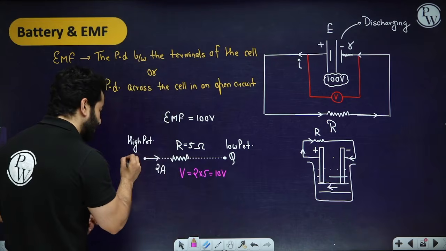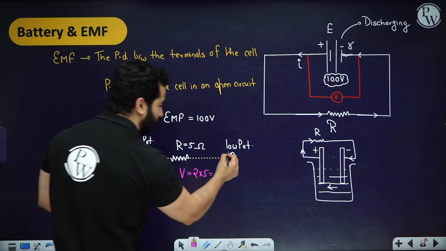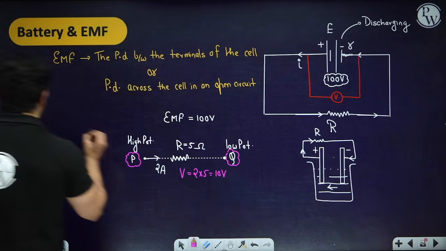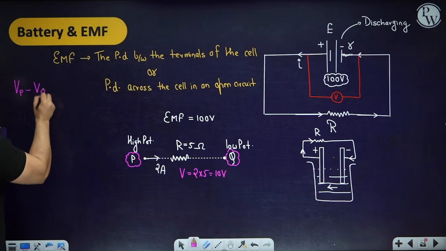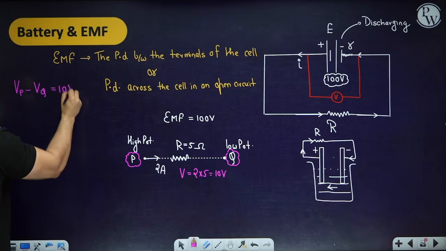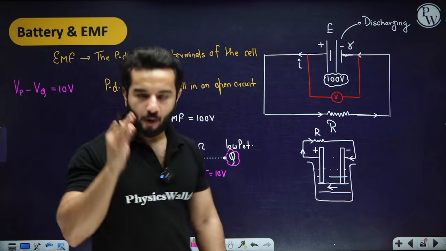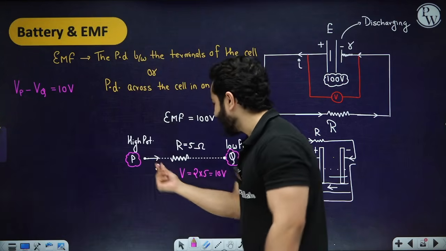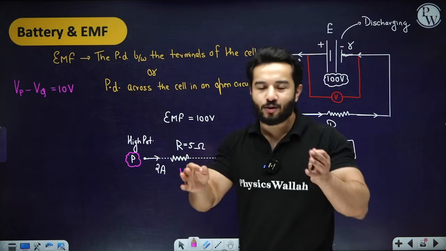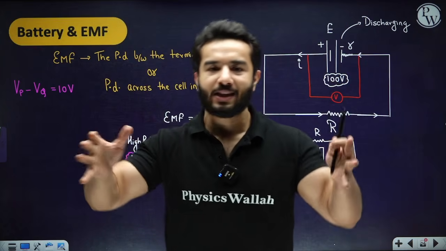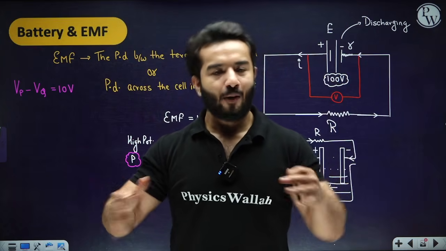That means these two points have a potential difference of 10 volt, which means that Vp minus Vq equals 10 volt. Now, I have no interest in finding out the potential of point P or the potential of point Q. I know that the potential difference between these two points is 10 volt. Now I can imagine anything.